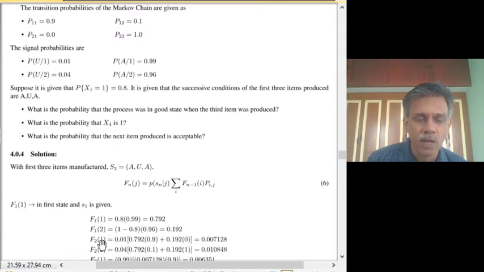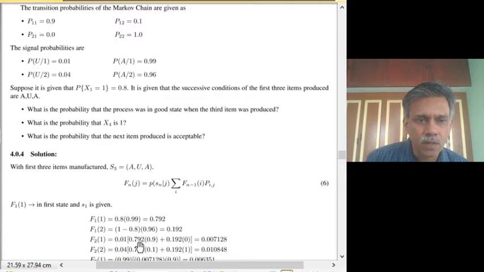So because you are in 1, this is U given 1. That is the factor that you have to multiply. U given 1 is 0.01, so this factor is common. Then there are two things that you add up in sigma, over i equal to 1, 2.